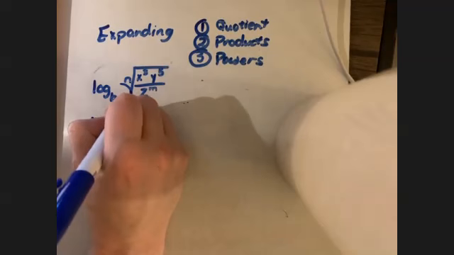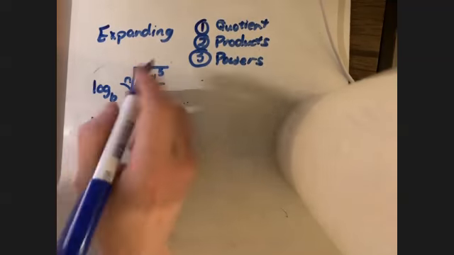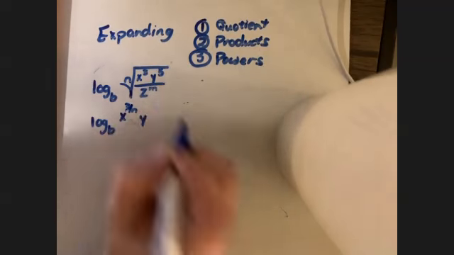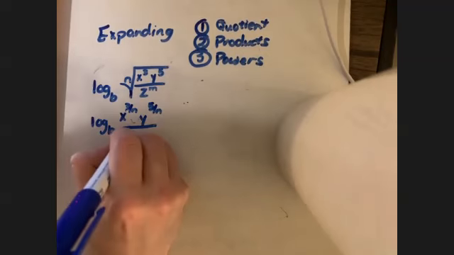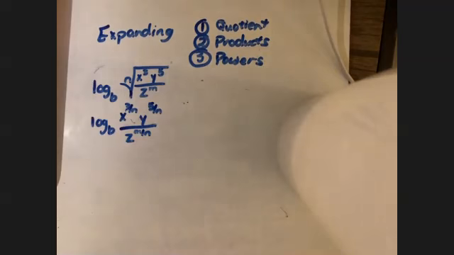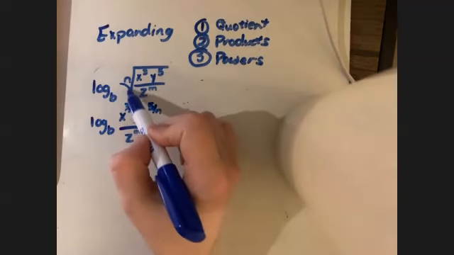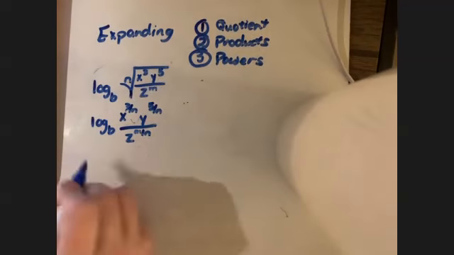This is going to be x to the 3 over n, y to the 5 over n, and z to the m over n. Again, that's because that is an nth root, so we know that's a fraction thing, and that fraction is going to apply to all of them.